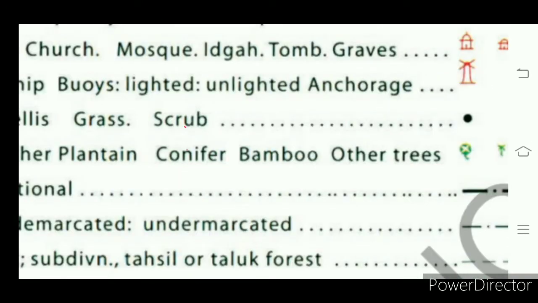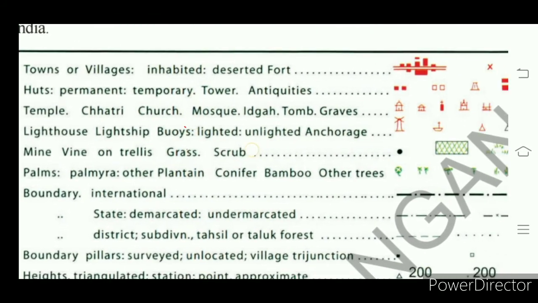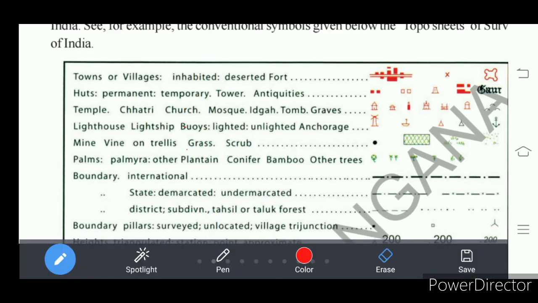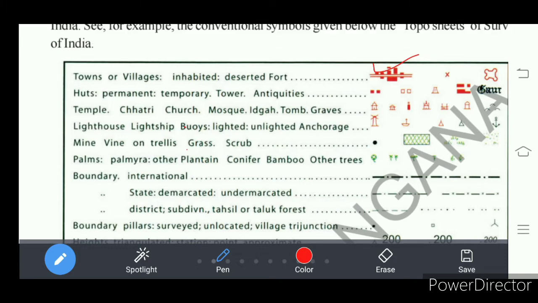Look here, dear students. Towns and villages are shown using this symbol. Huts, permanent and temporary: these are permanent, these are temporary. This is a tower.